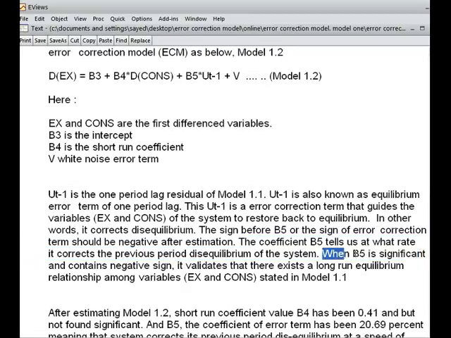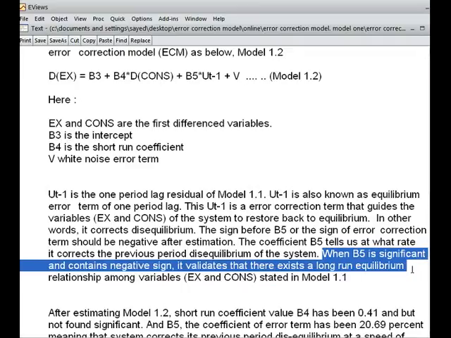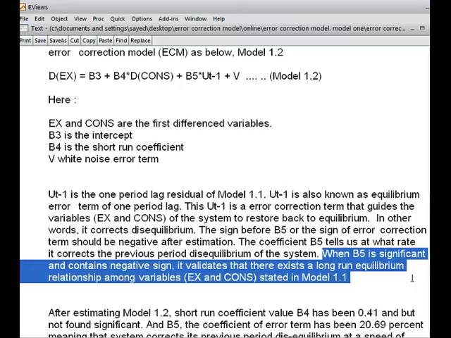When B5 is significant and has a negative sign, it validates that there exists a long-run equilibrium relationship among the variables stated in model 1.1.